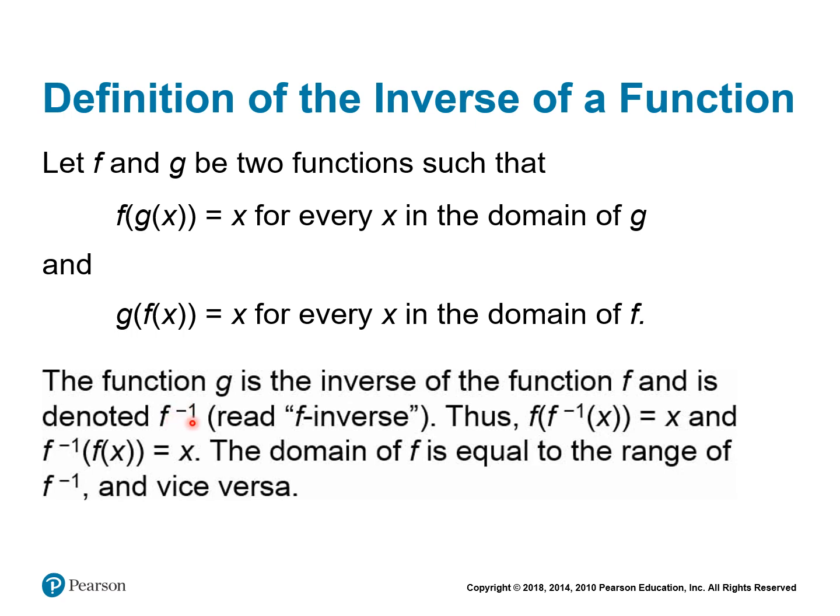We denote f inverse as f with a superscript of -1. So what they are saying is, thus f inverse of f of x equals x, and if we plug in the f of x function into its inverse function, we get an output of x.